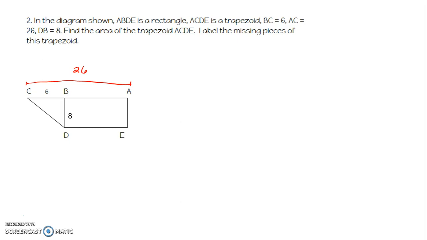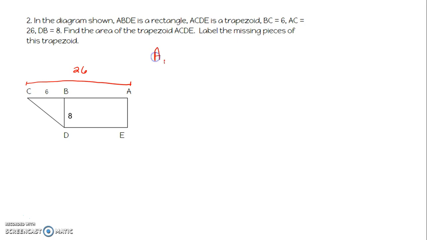Okay, so in 6th grade, the way you find the area of trapezoids is to decompose the trapezoid into a rectangle and a triangle. They've already actually done that for you. So to find the area of the trapezoid, you will find the area of the rectangle and add it to the area of the triangle.